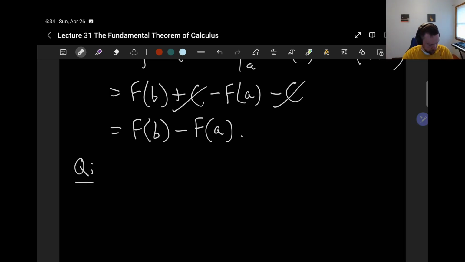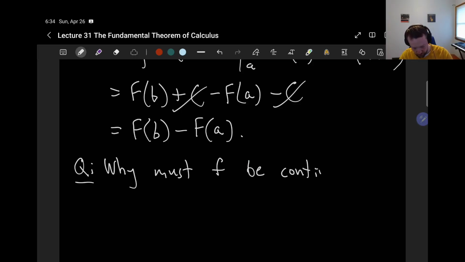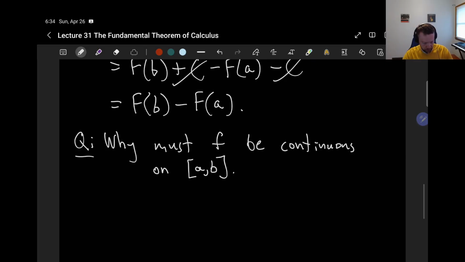Next question. Why must little f, the function we're integrating, be continuous? Specifically on the interval that we care about. But I don't really care about what happens outside of our area of integration. Oh, that's a question, isn't it?